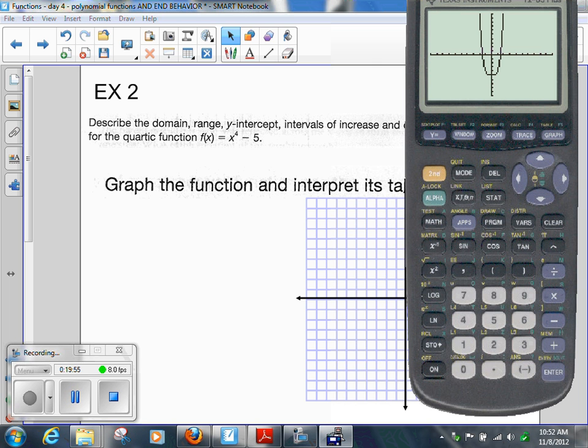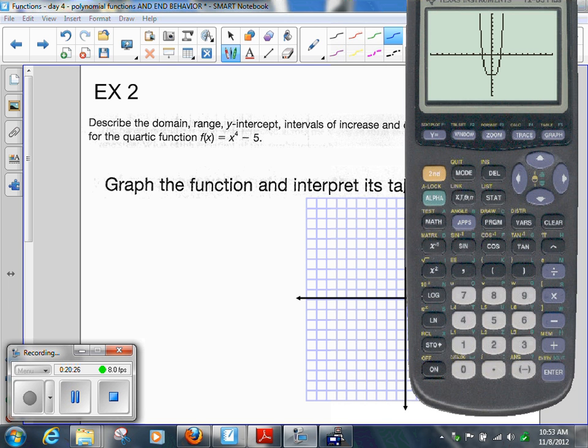All right, graph it. Now, where are we going to graph that flat bottom? Yes, on our papers now. We're going to sketch that flat parabola.